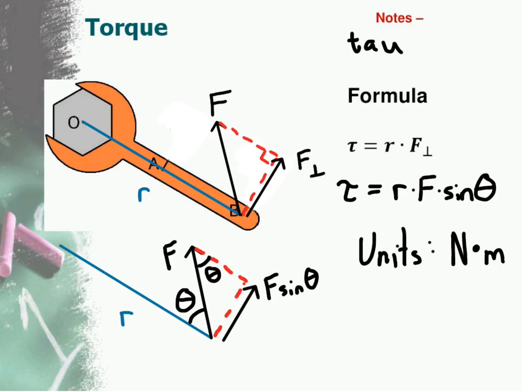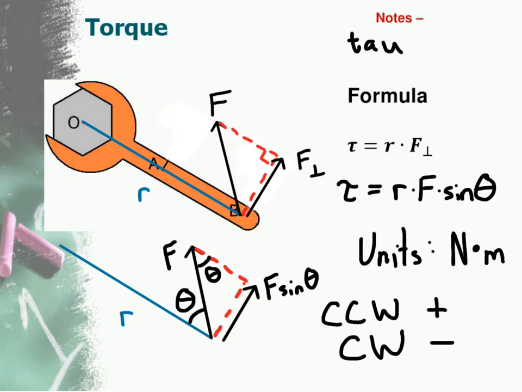Now, torque has a direction. It is a vector. So we actually have to give both a magnitude for torque and a direction. And the convention that we use is that when you have a torque that is counterclockwise, it's positive. That is a counterclockwise torque, so that would be a positive torque.